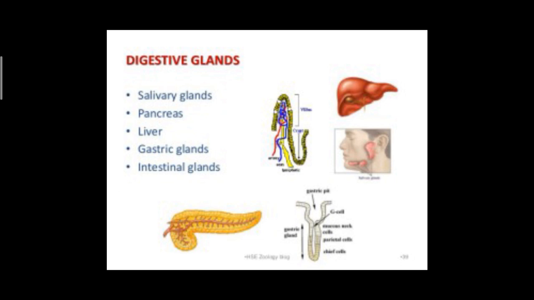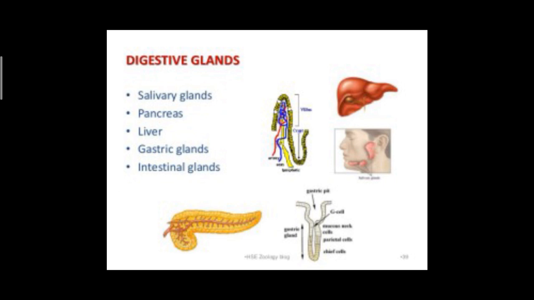So digestive system consists of two parts, digestive glands and alimentary canal. Another name for alimentary canal is digestive tract. So you can see here the digestive glands are salivary gland. Salivary glands are the glands which are present in the mouth.